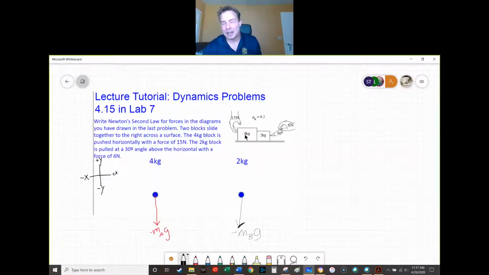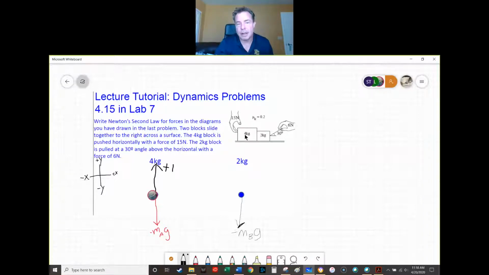The hand is. Cecilio just said the hand. And then also there's a normal force, right? The surface of the ground is the normal force pushing up on it. The hand is pushing it to the right.